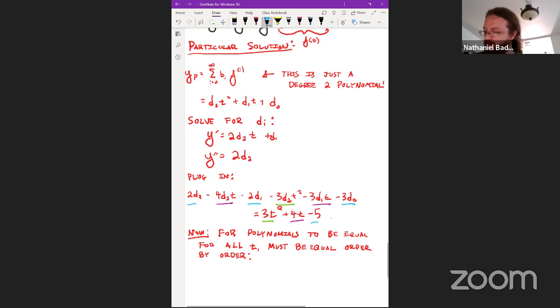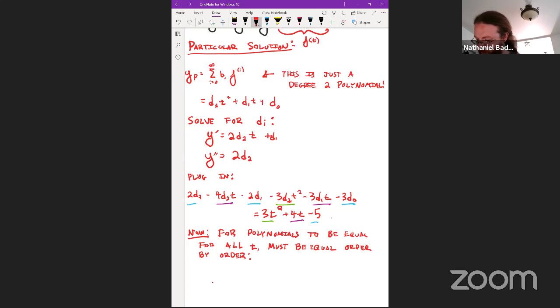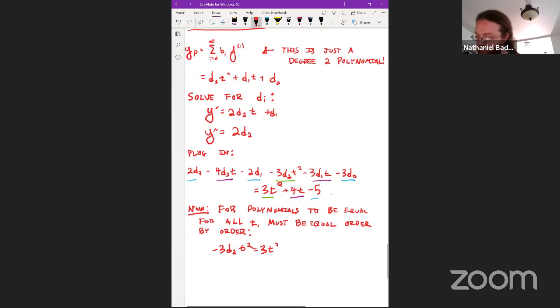So we can work recursively. We have to have minus 3 d2 t squared is equal to 3t squared.